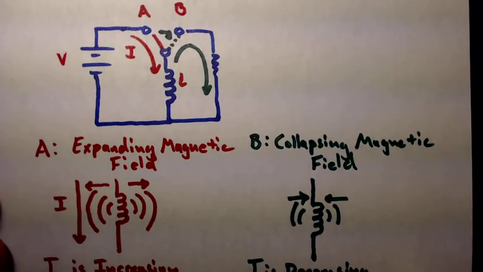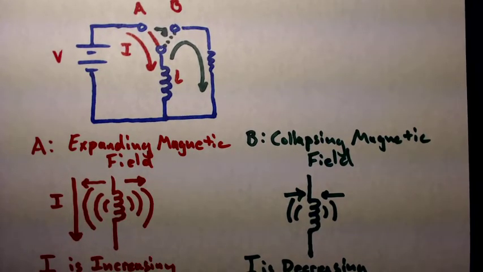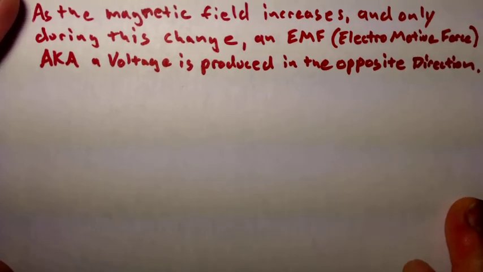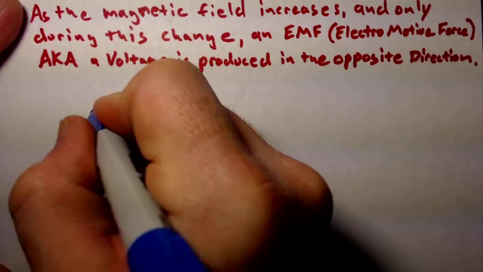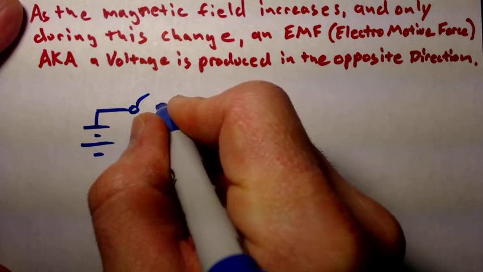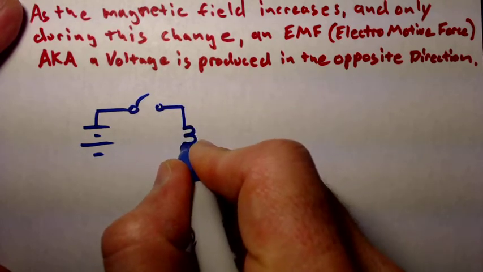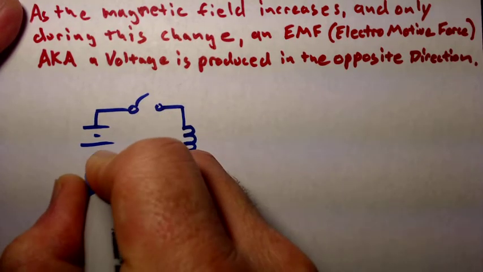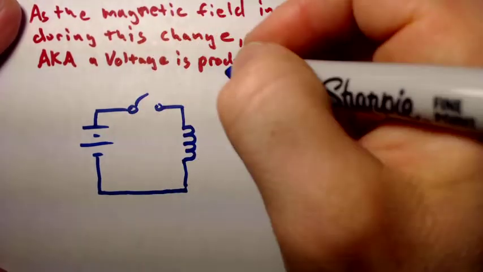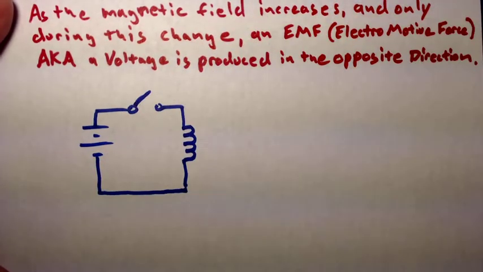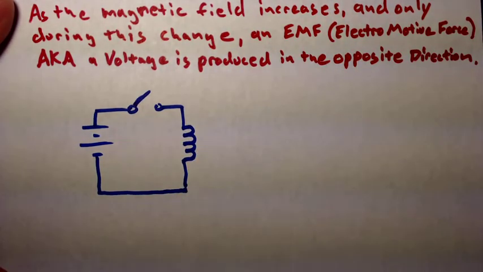Okay, so going back to this drawing over here. Actually, let me draw another one. This time I'll make it a little simpler. I'm just going to put a switch in here. When I have the switch open, I have 0 amps flowing through here.